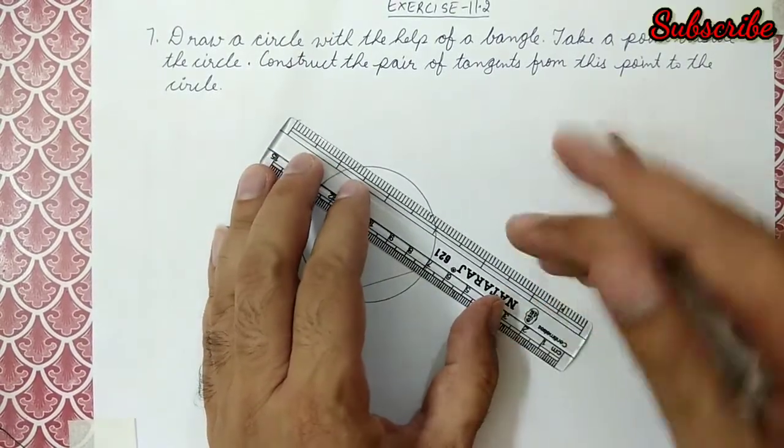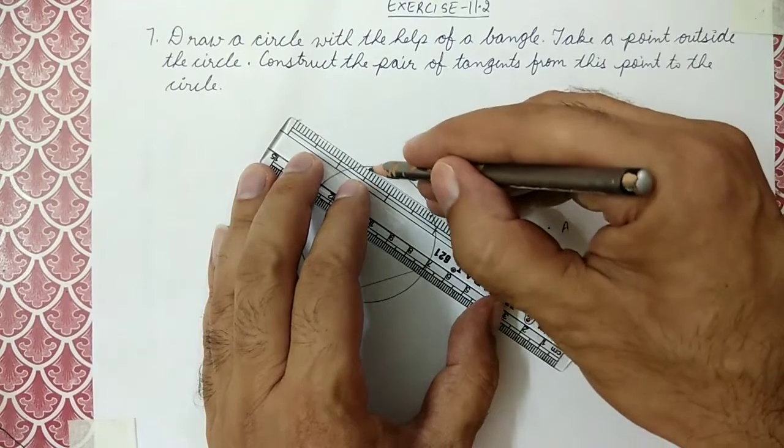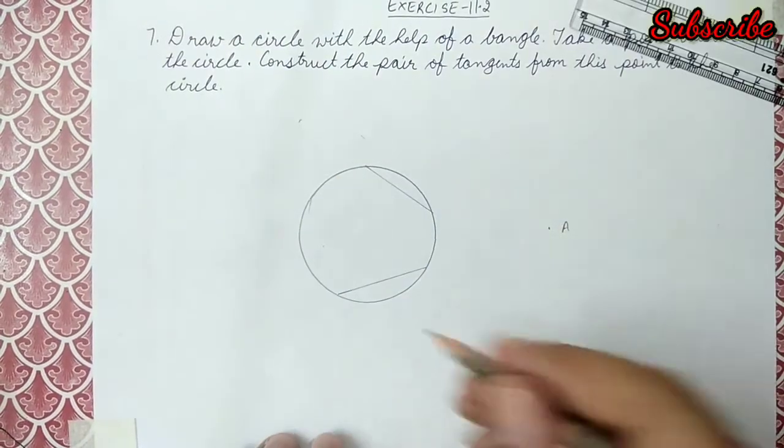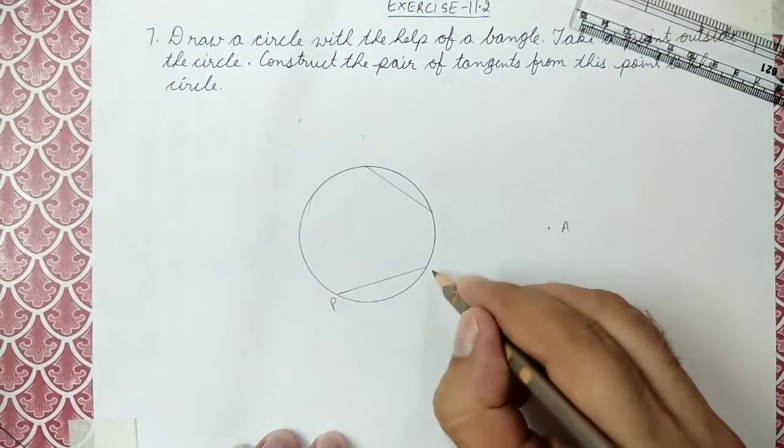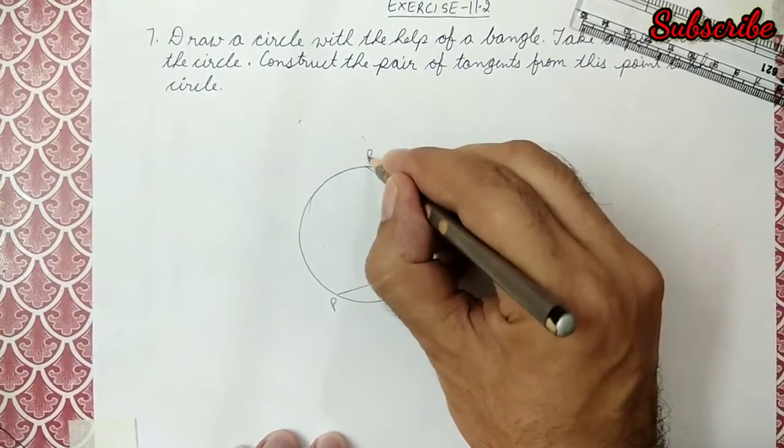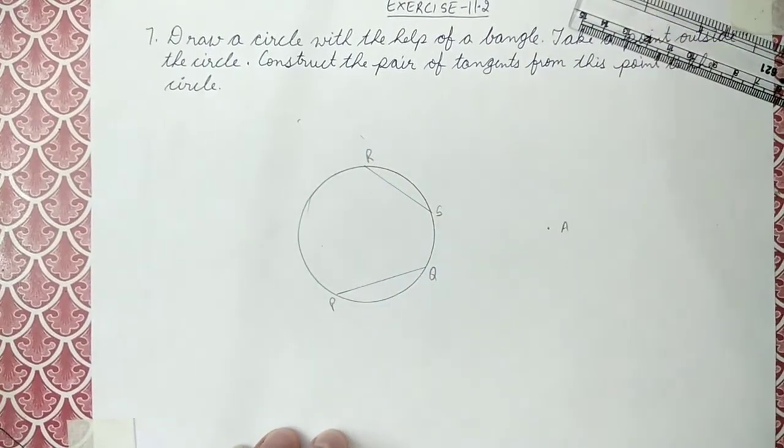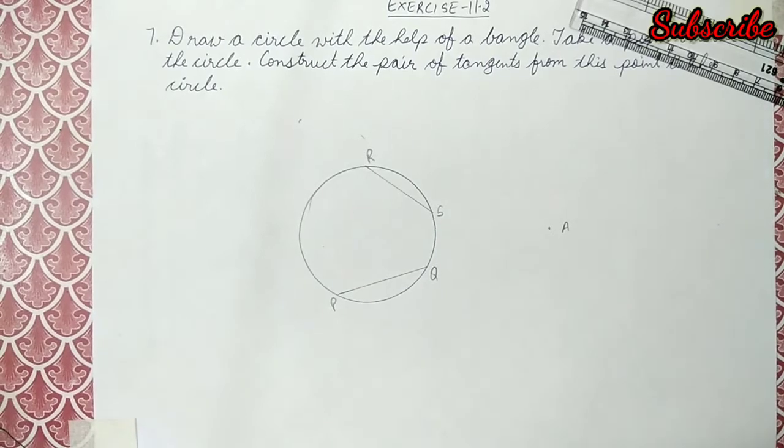So I am drawing 2 chords of the circle, and then we will draw the perpendicular bisector of these 2 chords. I just name them PQ and RS. So how to draw the perpendicular bisector?